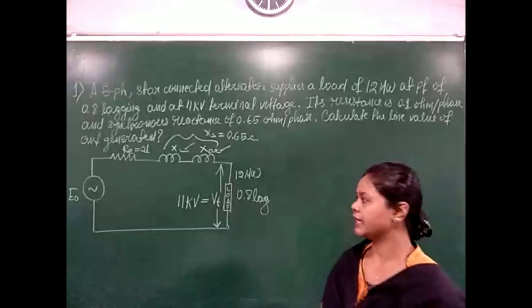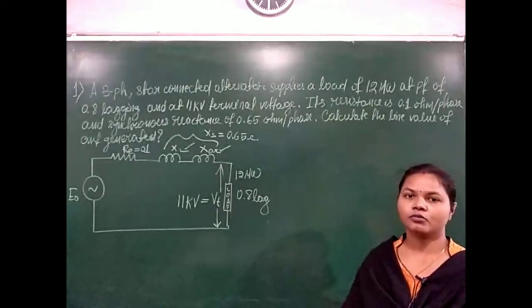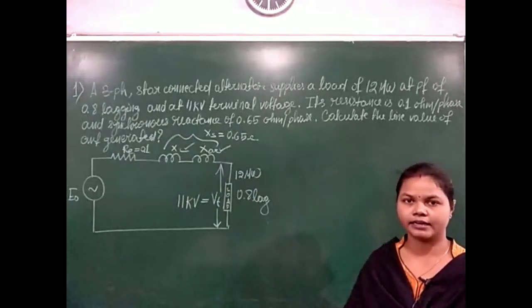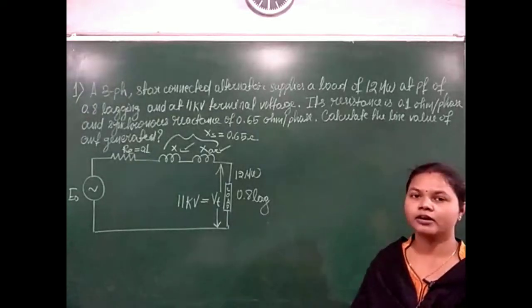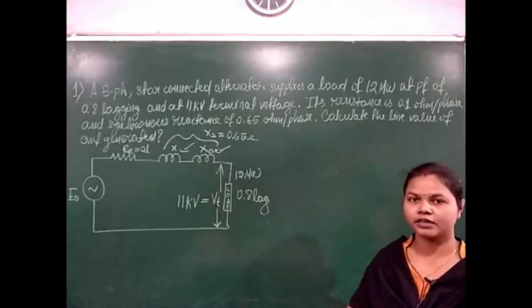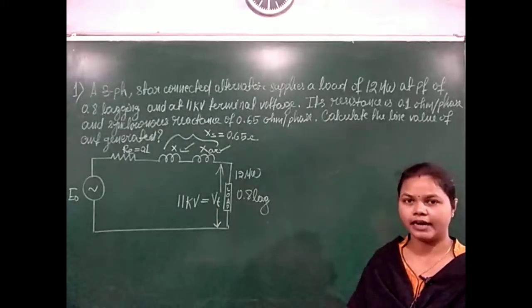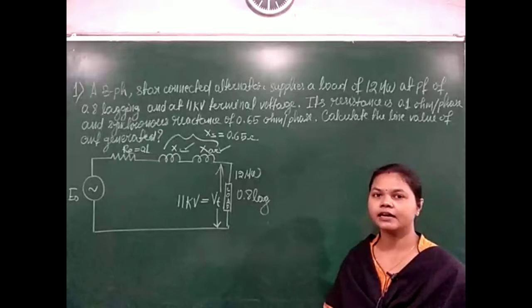In the vector diagram of a loaded alternator, which we have already discussed, you have seen that if the load is lagging, meaning inductive, then the terminal voltage leads the armature current by an angle theta that is less than 90 degrees.